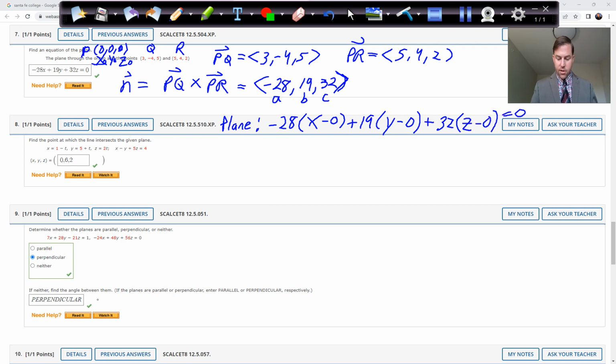That has to equal 0. Everything's going to distribute and fall away pretty nicely. This is just minus 28x plus 19y plus 32z equals 0, since there's just zeros in there. And that would be your plane right there.